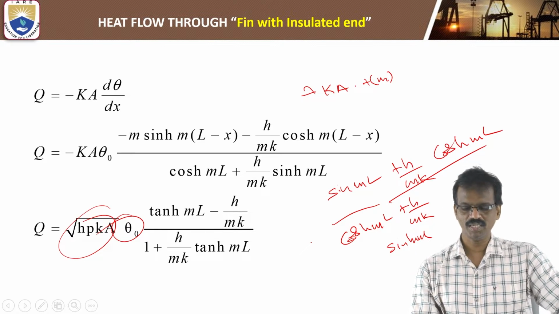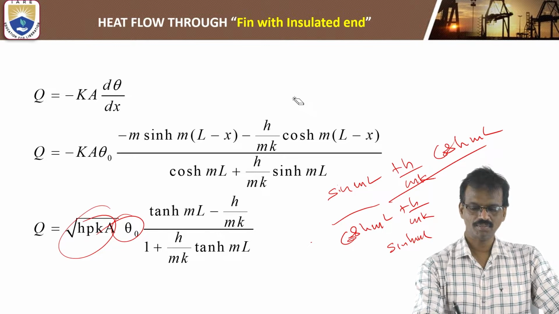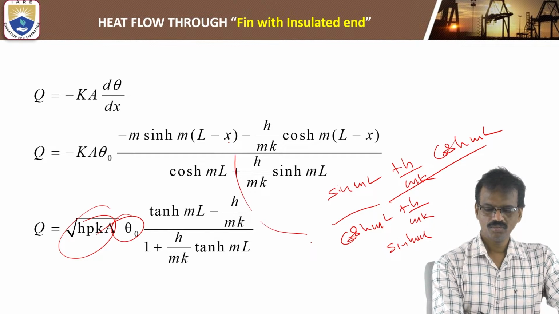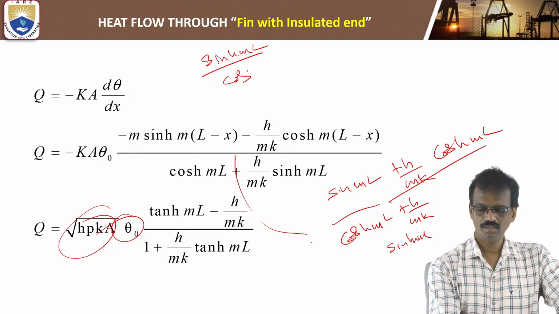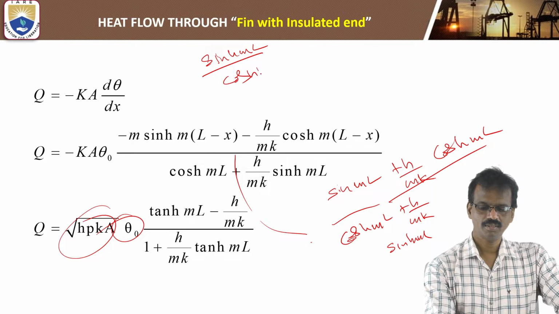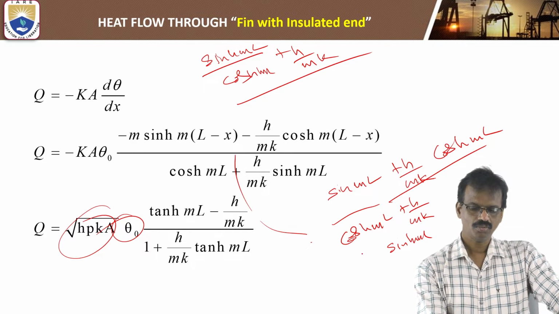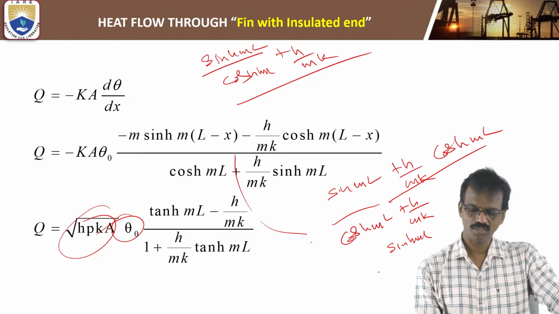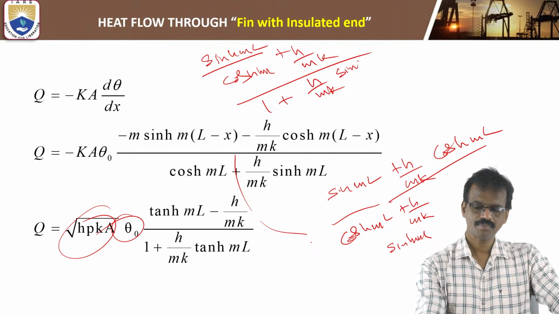In both terms you can take the common cosh ml. So sinh ml by cosh ml, plus h by mk, divided by cosh ml by cosh ml, that is 1 plus h by mk into sinh ml by cosh ml.